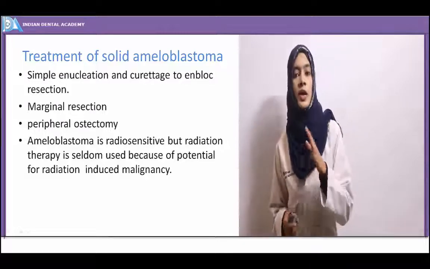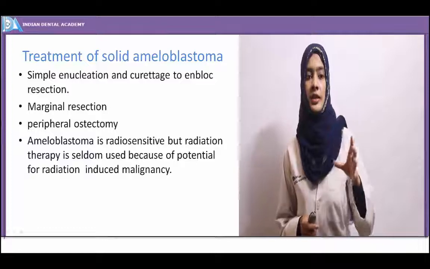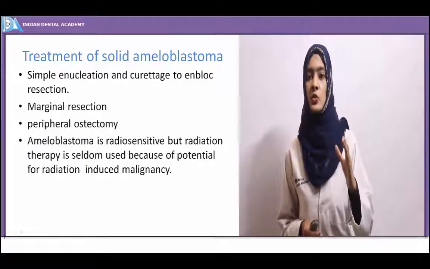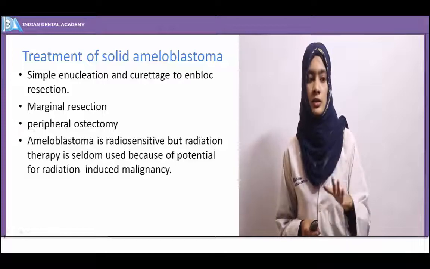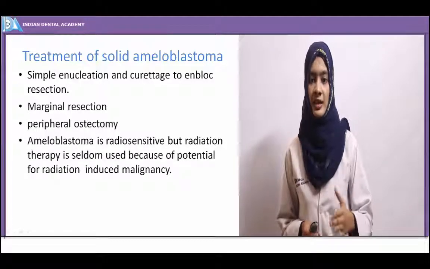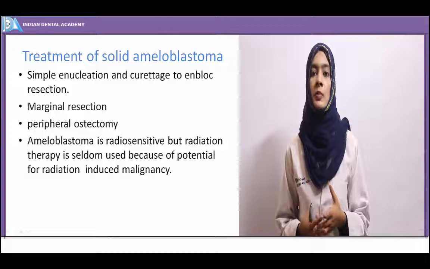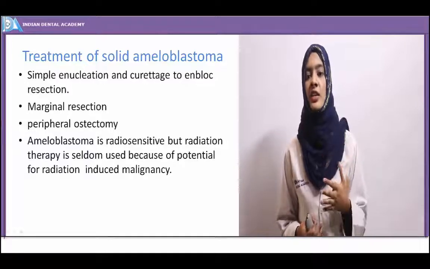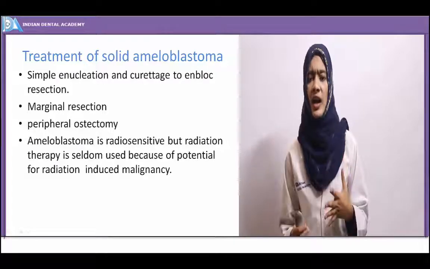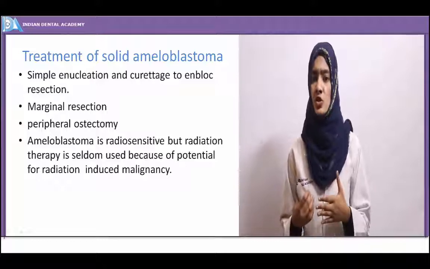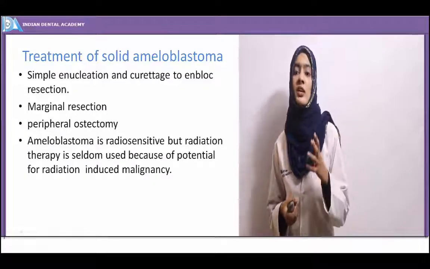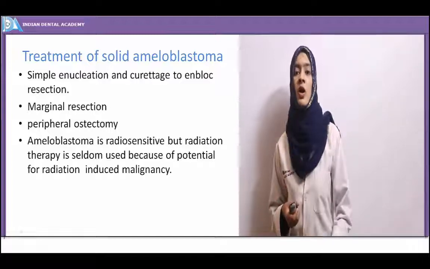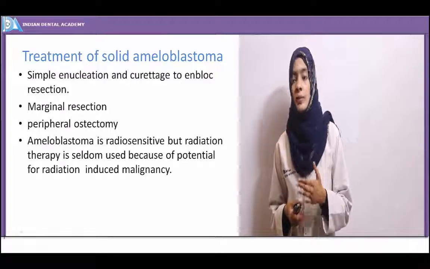Okay, during surgical excision, if you excise the lesion beyond 1 centimeter beyond the margin, there are lesser chances of recurrence. And malignancy in ameloblastoma is very rare. It has been reported in less than 1% of cases. And sarcomatous changes were observed only when radiotherapy was the form of treatment for ameloblastoma.